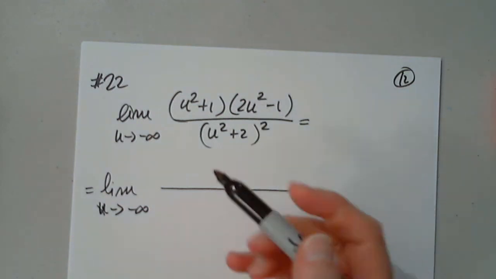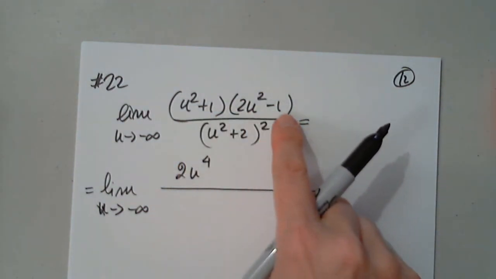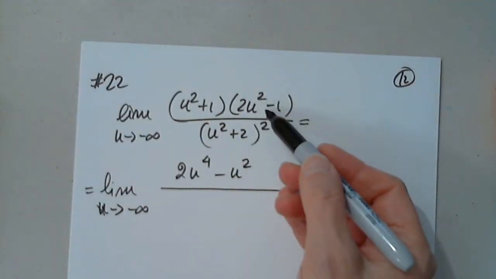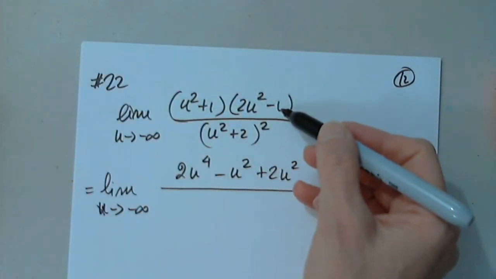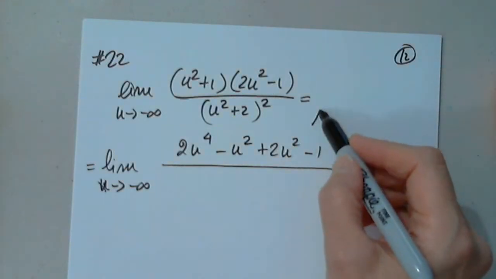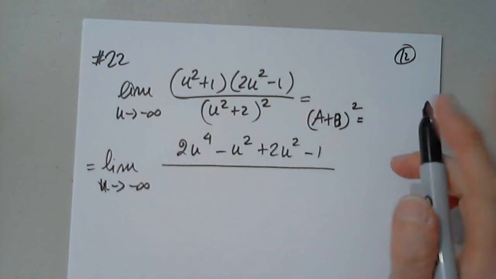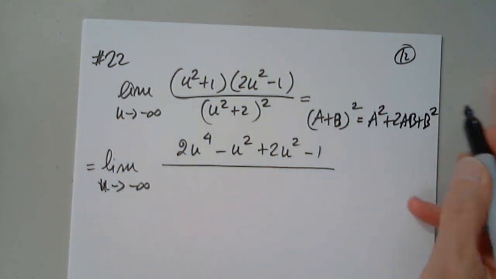Okay, so this is easy. U squared times 2u squared is 2u to the 4th. U squared times negative 1 is negative u squared. 1 times 2u squared, positive 2u squared. 1 times negative 1, minus 1. I know how to square a plus b squared. Always quickly: a squared plus 2ab plus b squared.